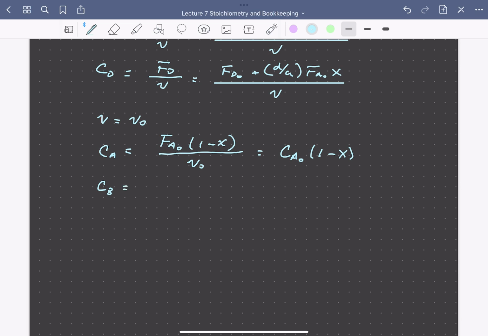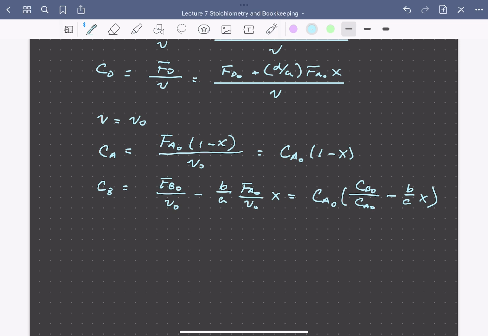So this would be FB0 divided by the inlet volumetric flow rate minus B over A times FA0 divided by the inlet volumetric flow rate times the conversion. So this looks a lot like our situation for the batch reactor, where we have CA0 times the ratio of initial concentrations minus B over A times the conversion.